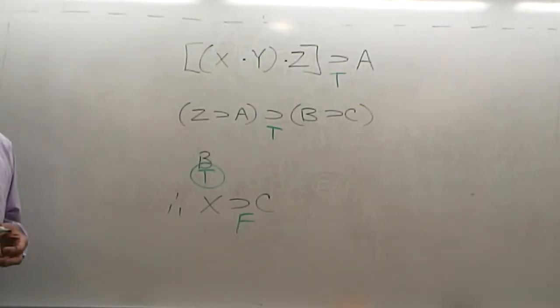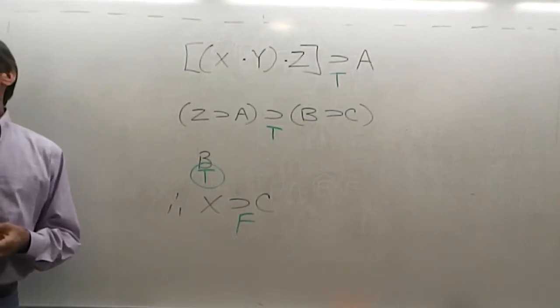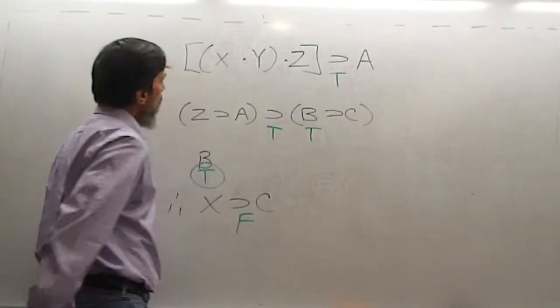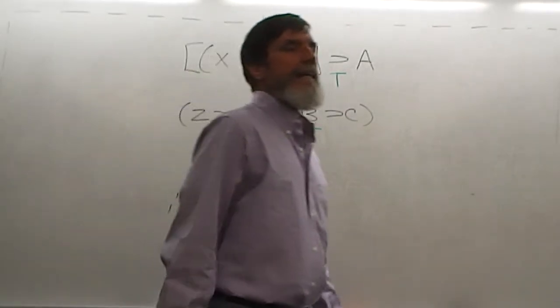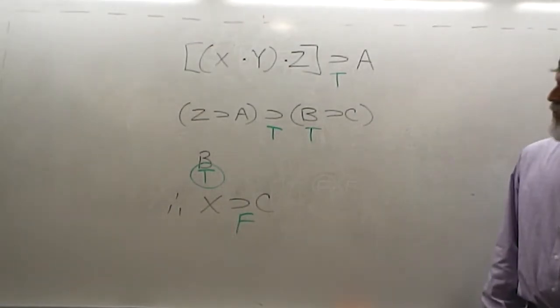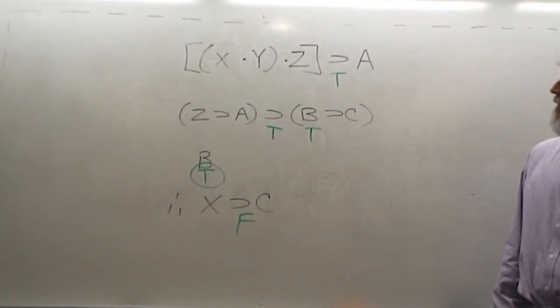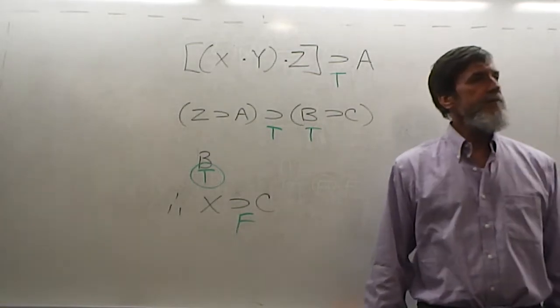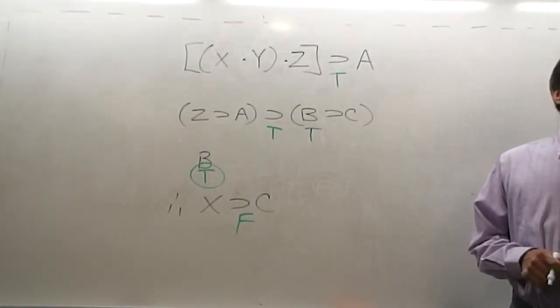Put truth values on the other occurrences of B. That's right, I need to transfer B's truth value. That's the only other occurrence of B. Now we look around for some symbol whose truth value we're certain of. I think we have to go to the conclusion again. Right?